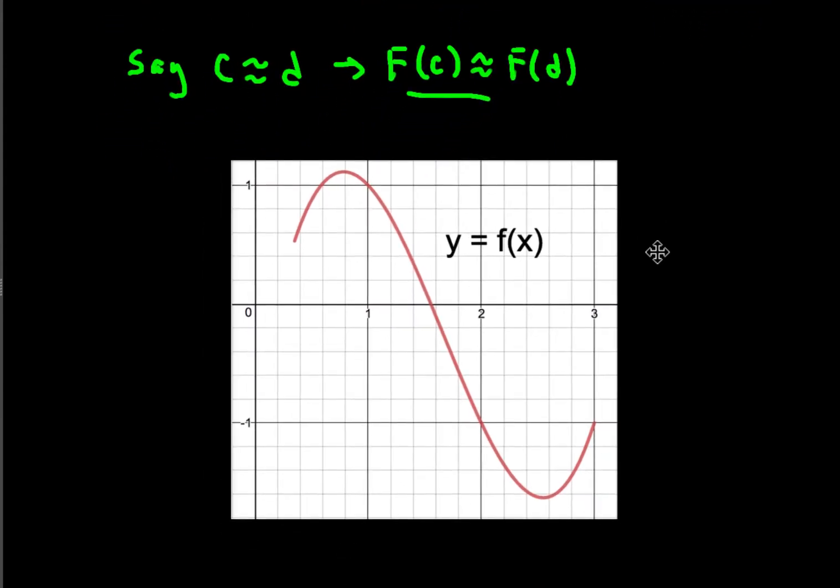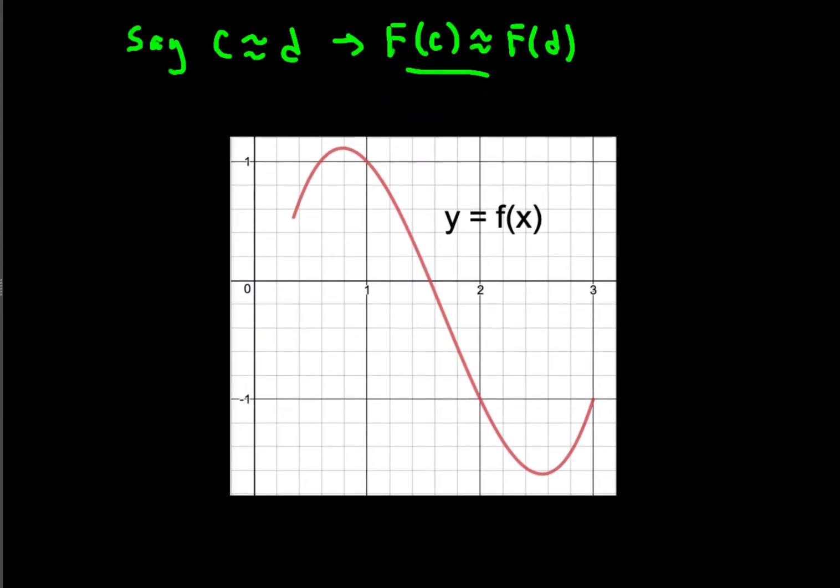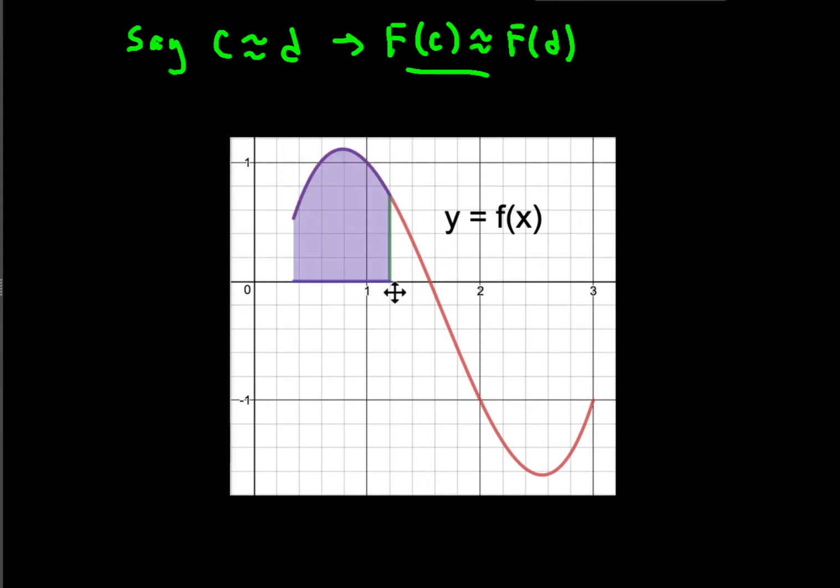If we looked at the area of that region, it would look something like this, and the value of c is here. We want to compare F of c and F of d, where c and d are infinitely close, so they're right in here. All we have to show is that this little region strip here is an infinitesimal area, and so they're infinitely close.